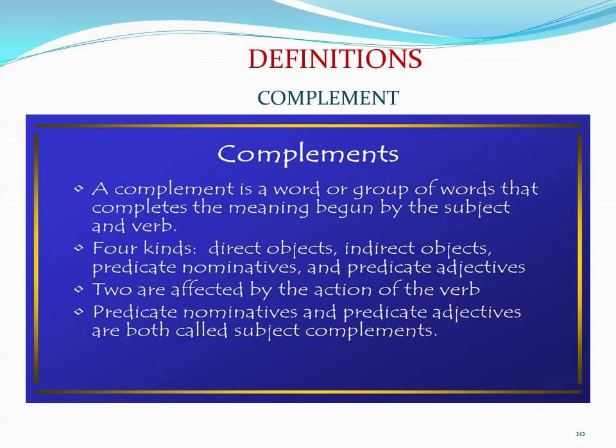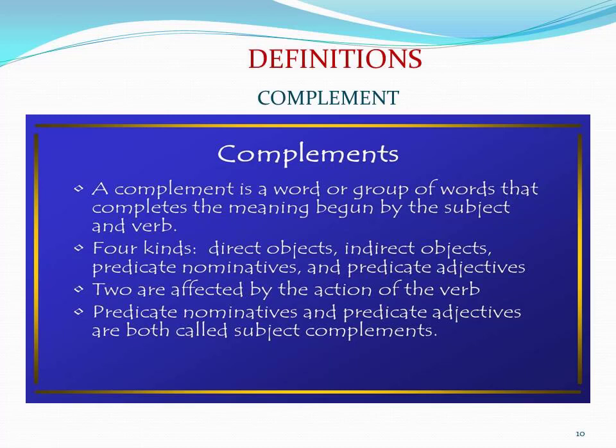The fourth sentence component is complement. A complement is a word or group of words that completes the meaning begun by the subject and verb. Complements are of four kinds. They are direct object, indirect object, predicate nominatives, and predicate adjectives.